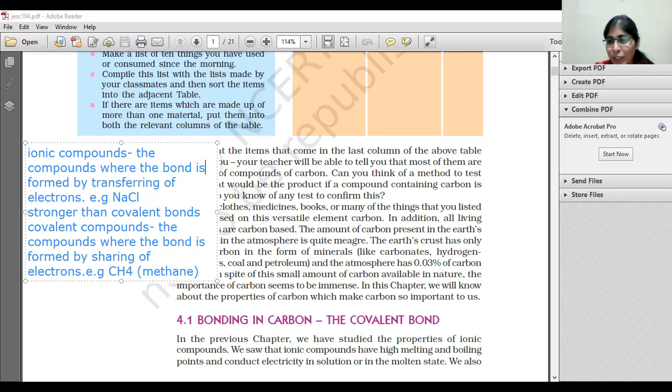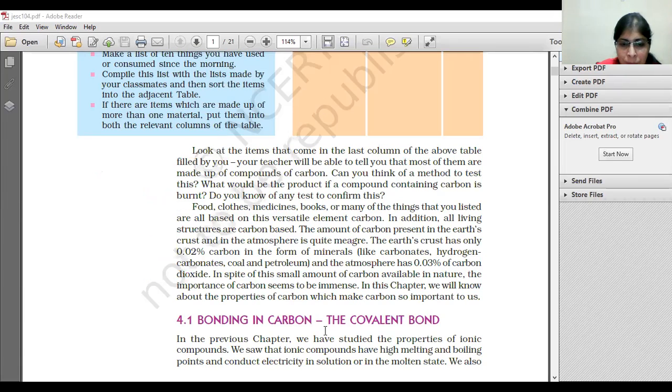That means the transferring of electrons. And if they divide it equally into two, each saying I also want it, then it is covalent bonding. So carbon does covalent bonding.